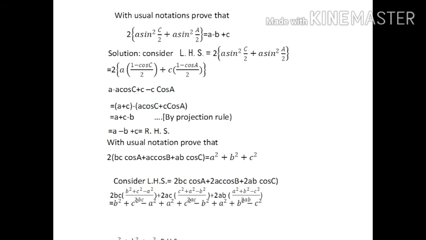Simplify this, so we get b square plus c square minus a square plus a square plus c square minus b square plus a square plus b square minus c square. So finally we get a square plus b square plus c square.